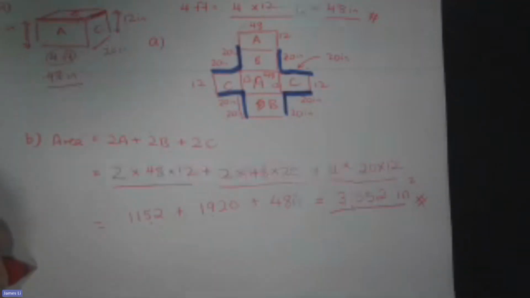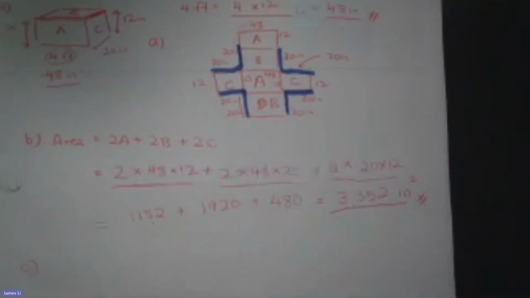And then let's try part C now. That's the surface area of the neck of the box. Part C, 1 square foot equals to 144 inches square. What is the surface area of the box in square feet? So let us calculate that now.